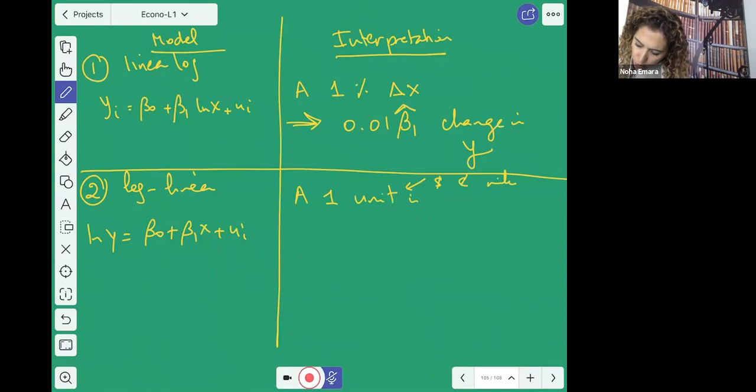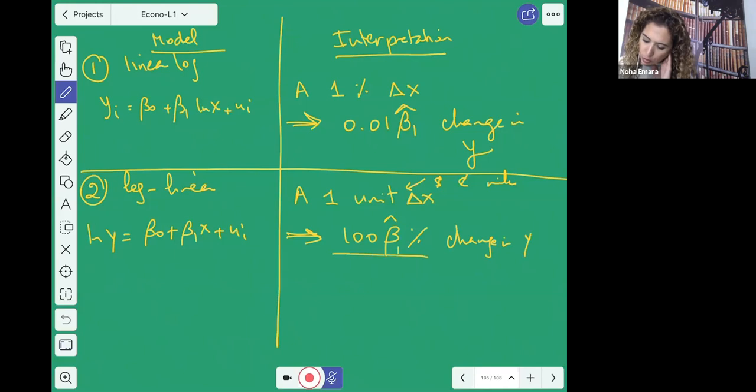So a 1 unit change in x implies 100 beta 1, right? And you add the percentage symbol, change in y. So you have to multiply times 100 and add the percentage symbol. Remember, here we didn't add the percentage symbol because y is linear, so I don't need a percentage answer.